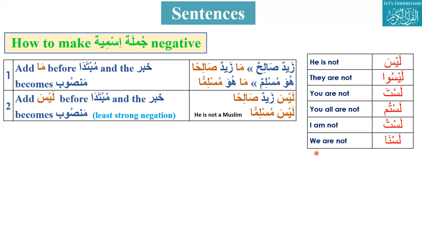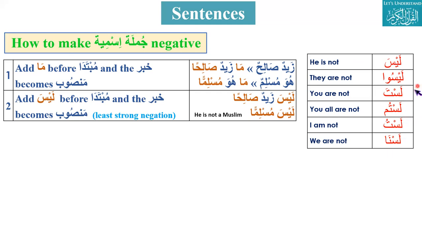We have to review this in the next lecture, or maybe after that. There will be kana and its sisters, and there are almost 10 of them: kana, he was; asbaha, he became; amsa, he became; adha, he became; mazala, madama, laysa, sora and bata. They don't give complete sense. And laysa has only one column: laysa, laysu, lasta, lastum.